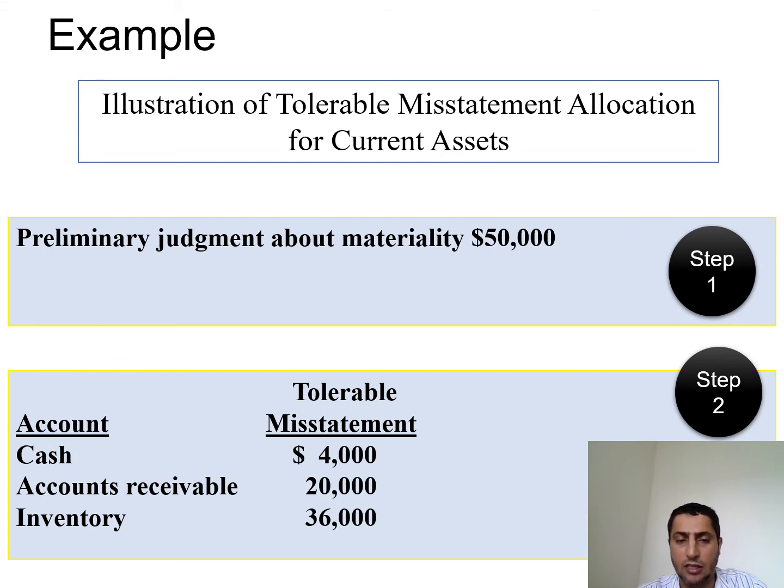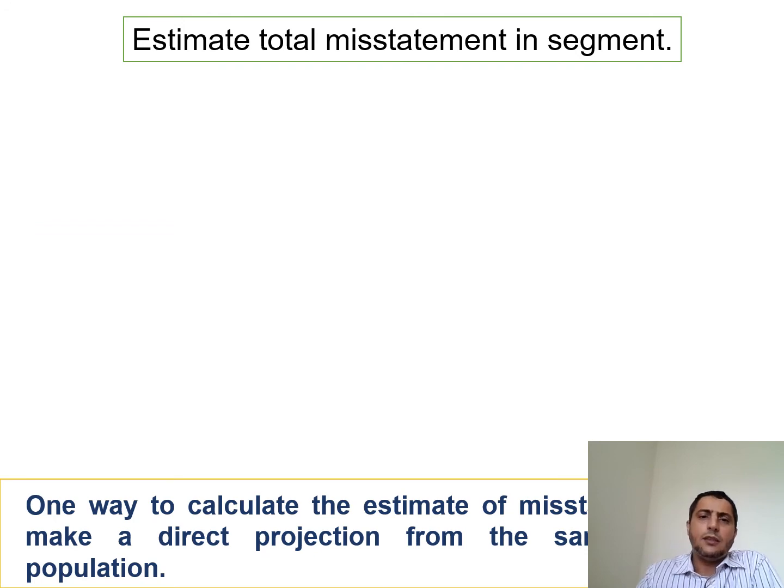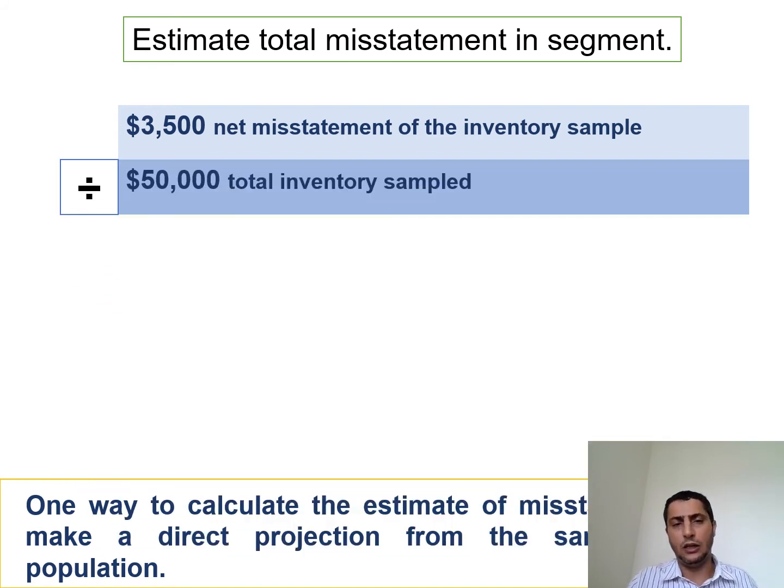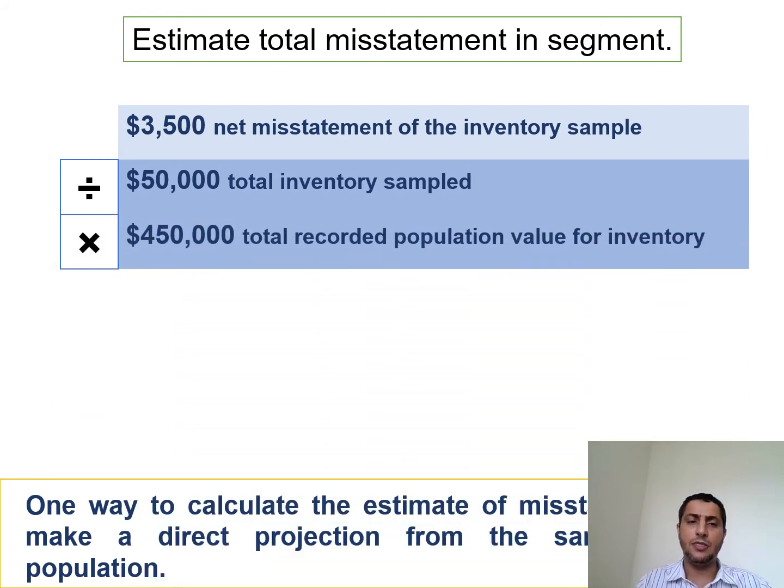To estimate the total misstatement in each segment, which is step number 3, we first need to identify the net misstatement for the inventory sample that we collect, and then divide it by the total inventory sampled, which is the total amount of the sample of transactions in inventory, and then multiply it by the total recorded population value of the inventory, which is 450,000.